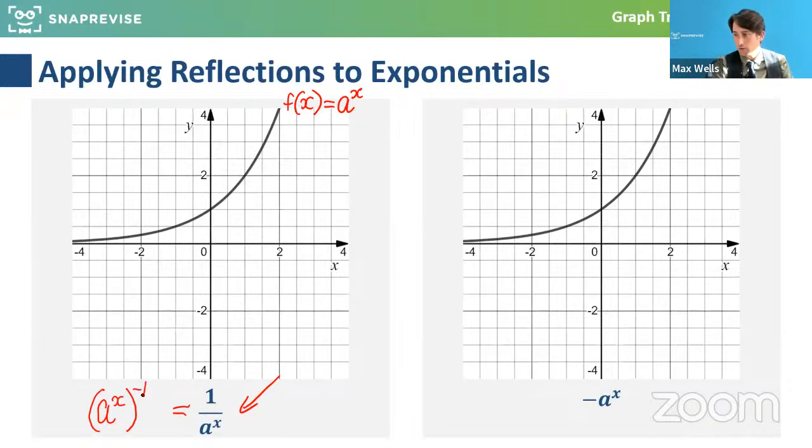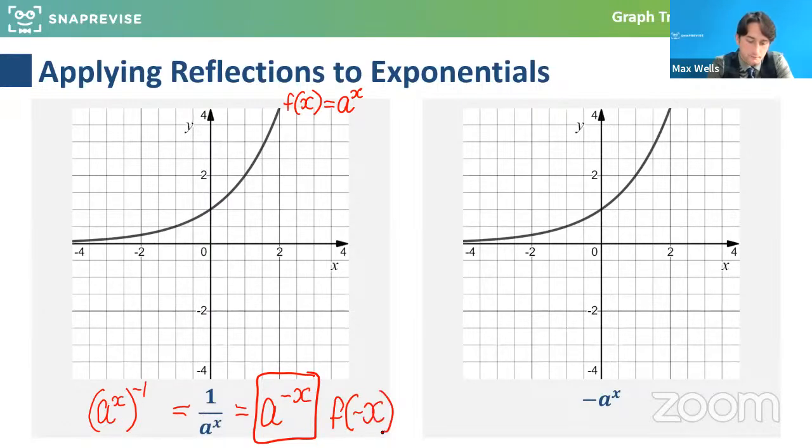The minus 1. So this can also be written as a to the minus x. Yeah, really good. Exactly that. Hopefully we know that when we have a power to a power, you multiply them. Superb suggestion in the chat. Because we can now rewrite it like this, which is the big skill for this one and was potentially a really tricky question, we can think of this as f of minus x.